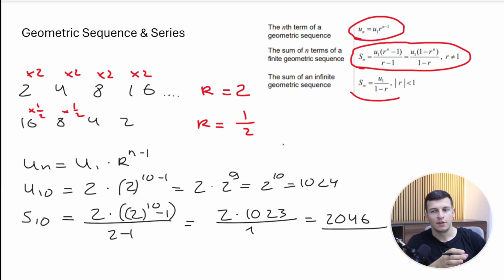Meaning, the first sequence that we have, 2, 4, 8, 16, has an r value of 2, so it won't qualify for this. But the second one, where r is 1 over 2, will qualify. Now, a little side note, I hope you're asking this as well: how come we don't do it for the first one, but we do it for the second one?